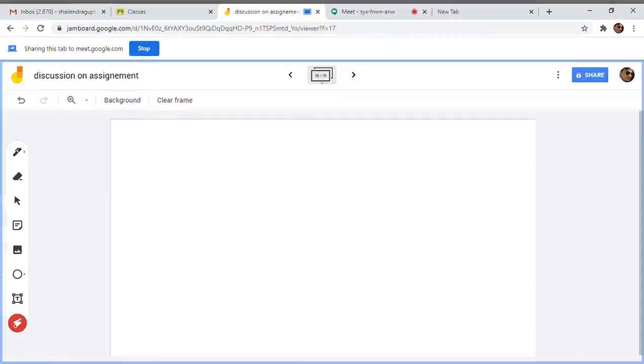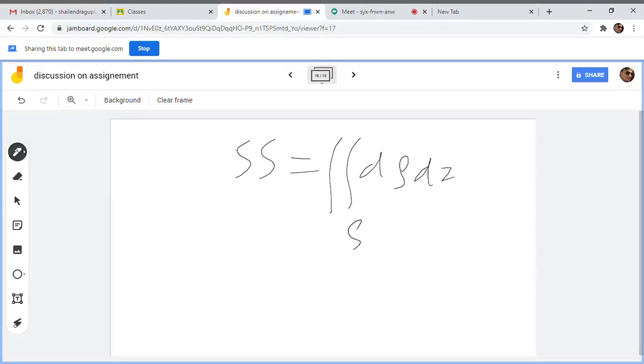The side surface will be made of d rho and dz. Here rho will lie from 3 to rho equal to 5, and z will be from 3 to z equal to 4.5.